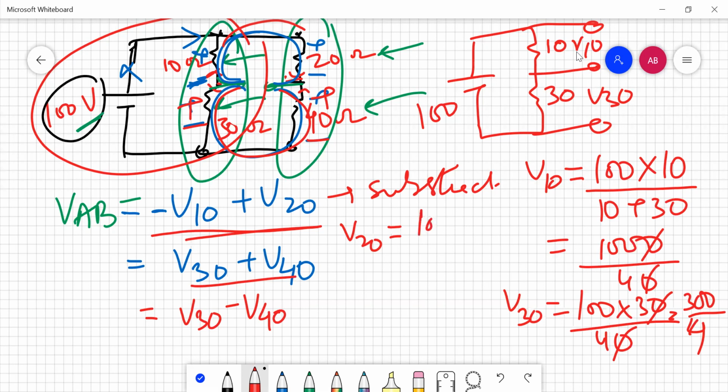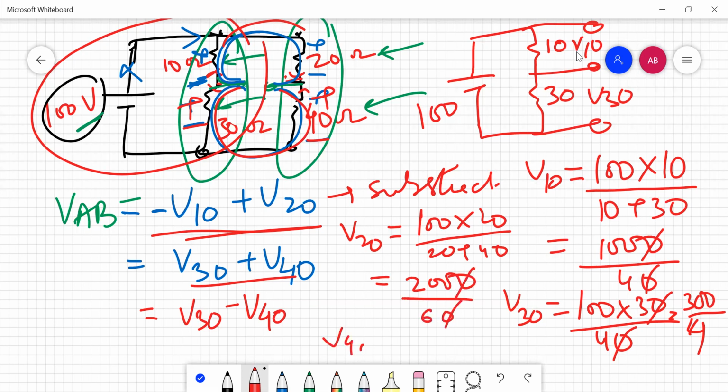So V20 again will be equal to 100 into 20 divided by 20 plus 40, which is 60. Similarly, our V40 is 100 into 40 divided by 60.